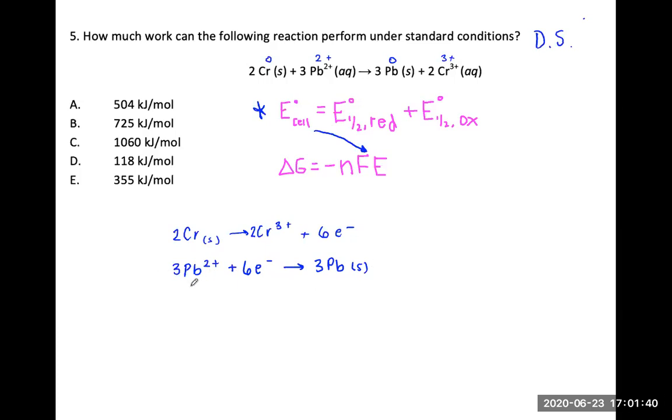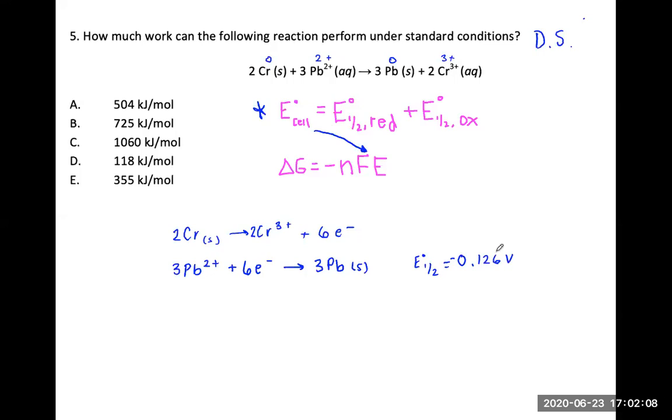Now we need to get the potentials for these reactions from the data sheet. I'm going to start with the lead because this is our reduction, and we can just get it directly from the table. This is going to be negative 0.126 volts.